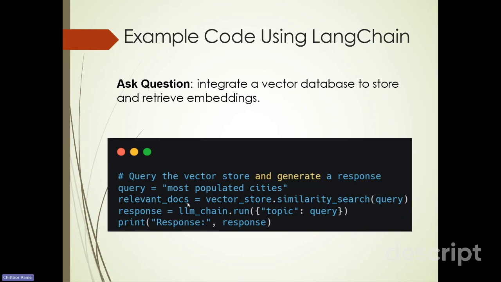As I said, see LLM chain dot run, and you're passing the topic, the placeholder in the previous prompt. The query is most populated cities. So you are calling from here and it has the relevant documents based on the query. You're passing them to the particular LLM and it's going to generate the response.